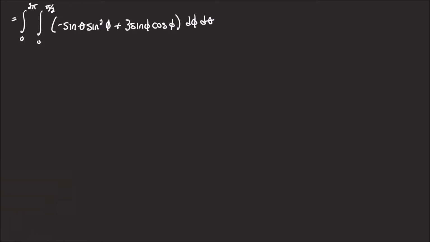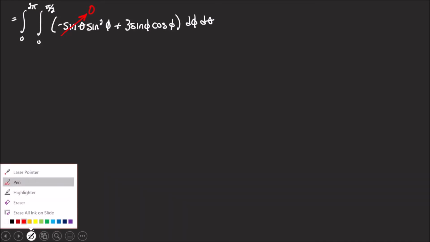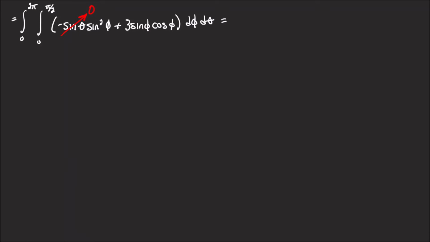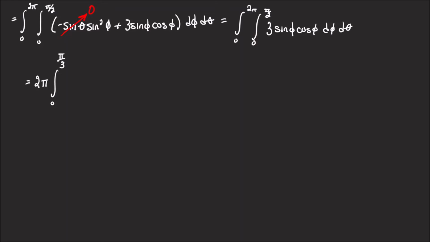Since we're integrating over a period of sine theta, this will wind up going to 0. And so effectively what we have is the double integral 0 to 2 pi, 0 to pi over 2 of 3 sine phi cosine phi d phi d theta, which will be 2 pi times the integral from 0 to pi over 2 of 3 sine phi cosine phi d phi.